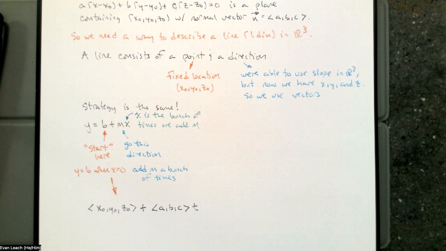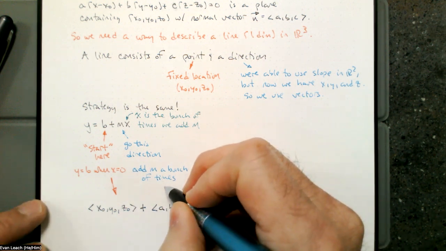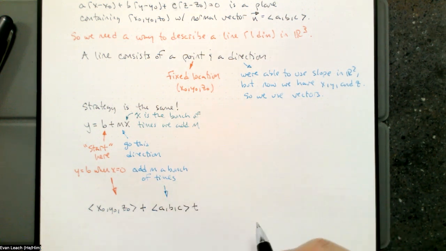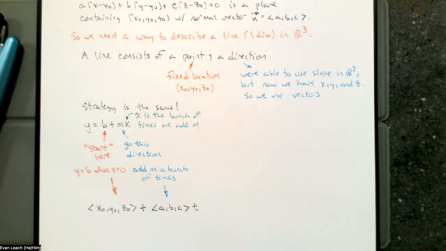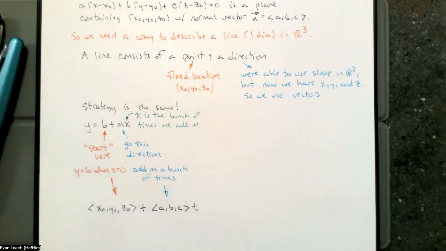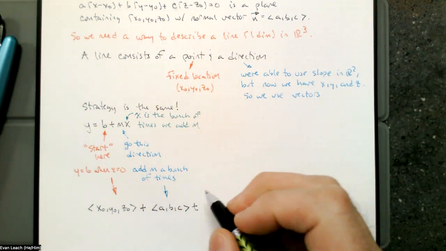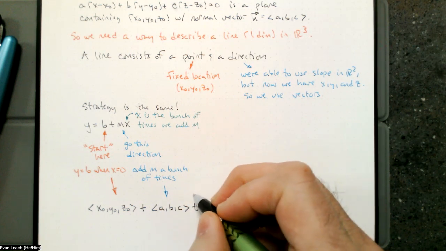Start at the location x naught, y naught, z naught. That is a fixed position. There's no variable attached to it. And then we add our direction a bunch of times, where t is the bunch of times we add this vector.